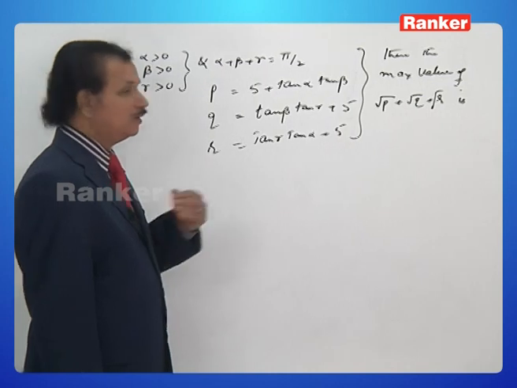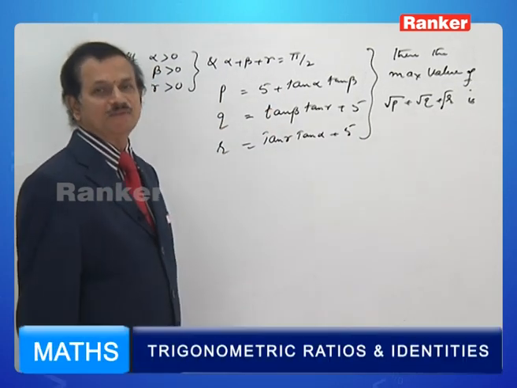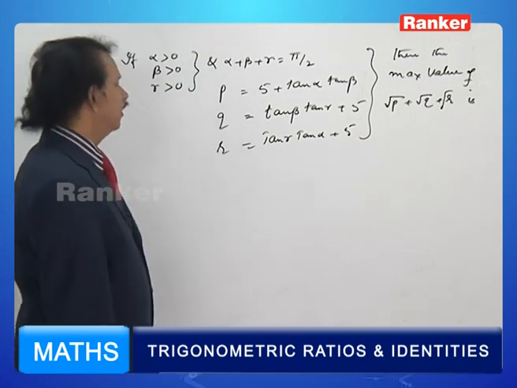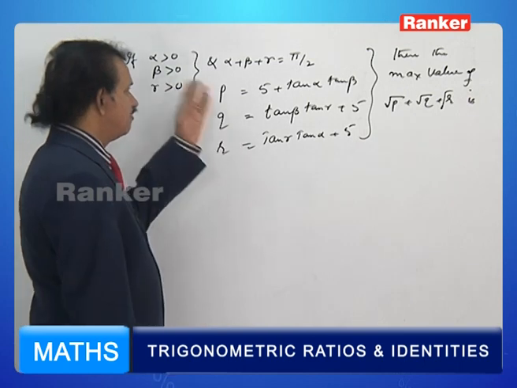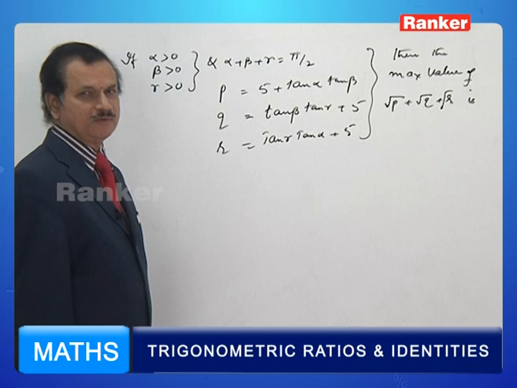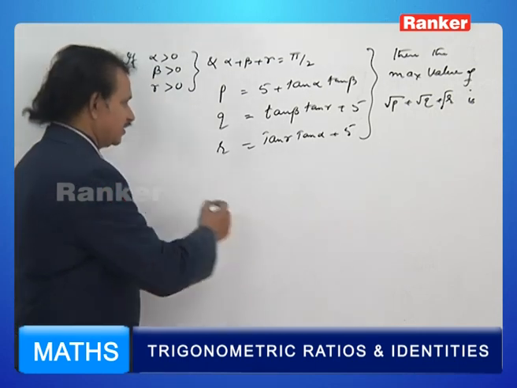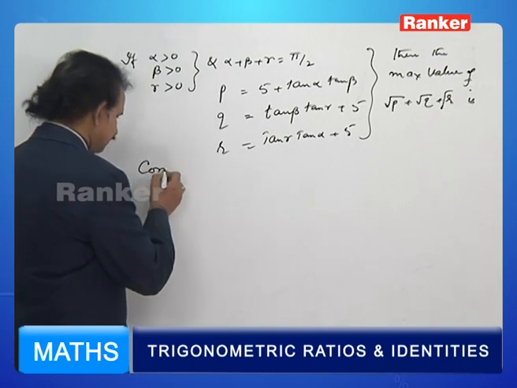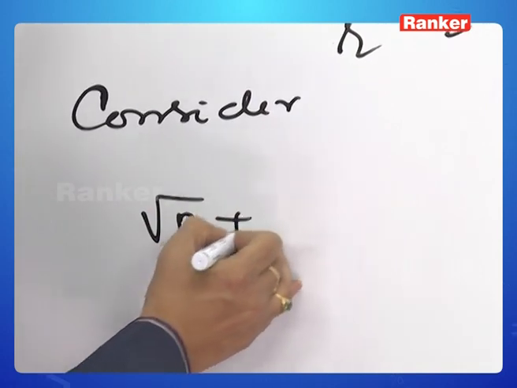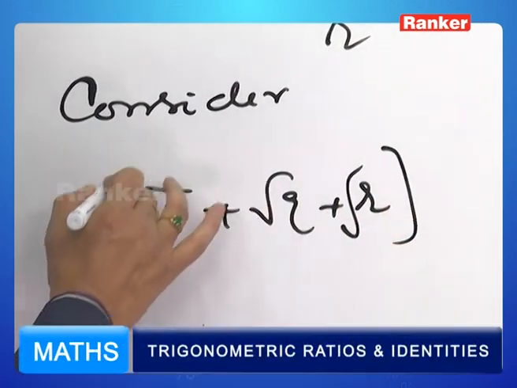What is root P? Root of 5 plus tan alpha tan beta. Oh, it is a tedious job if you directly take root P plus root Q plus root R. Okay, and you are supposed to use every piece of information given here. For this purpose, I would like to consider root P plus root Q plus root R whole square.